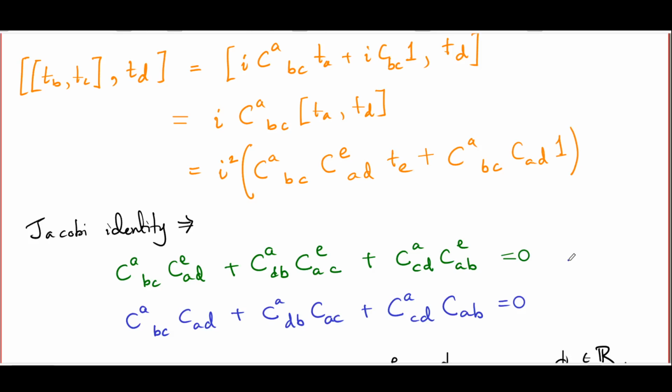And that gives rise to the result, CABCCEAD. Of course, the sum over A here is very much implied by the summation convention. But E, B, C and D are free indices. If you take this expression and cyclically permute B, C and D to give rise to two more terms, add them all together, you're going to get 0.